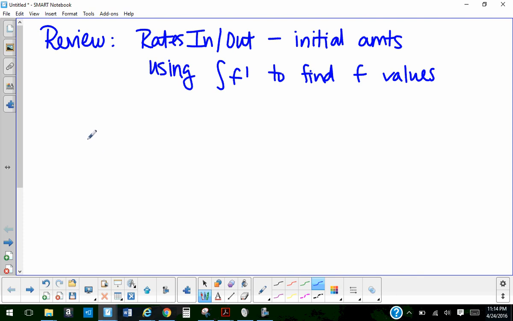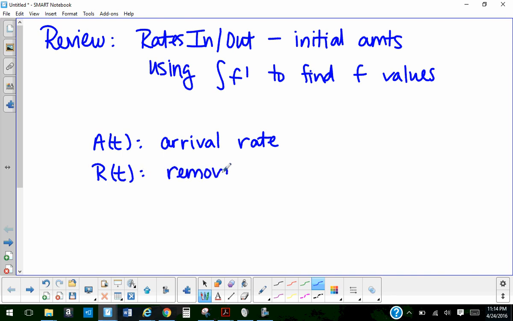let's say that A of t is our arrival rate of something. And we'll say that R of t is the removal rate or the processing rate.